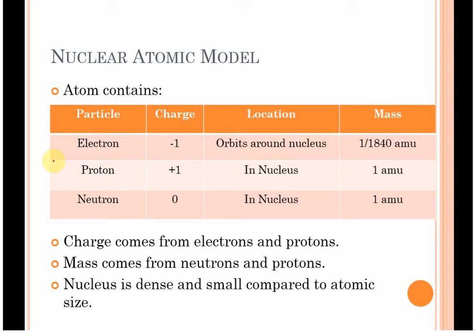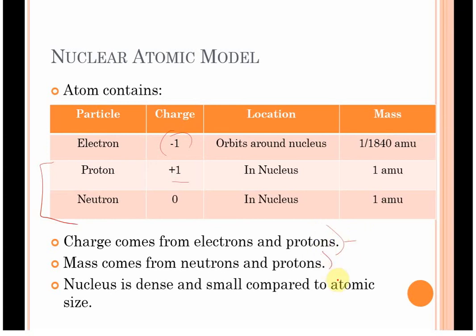We now believe the proton and the neutron are in the nucleus. The proton has a +1 charge, the neutron has a neutral charge or no charge, while the electron orbits the nucleus in orbitals that we will talk about much later in the semester, with an overall charge of basically -1. So the charge of the atom comes from protons and electrons.